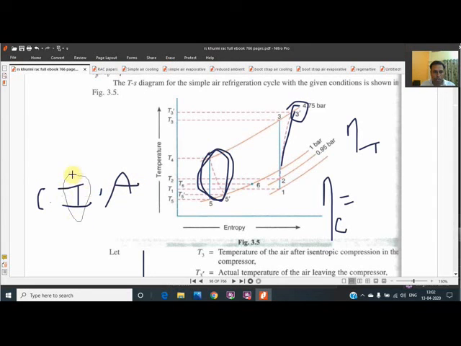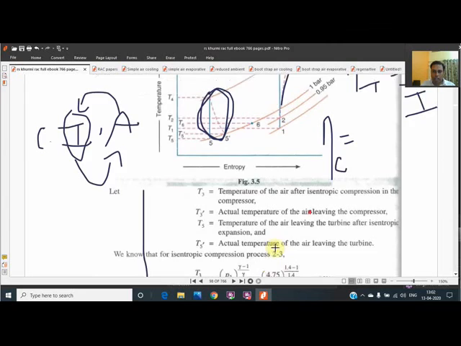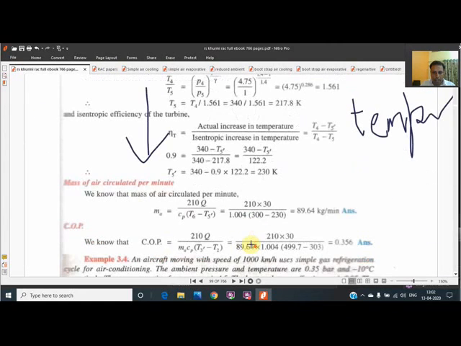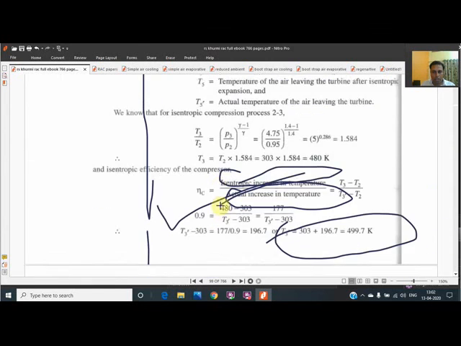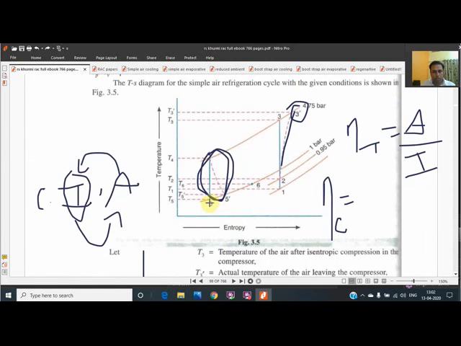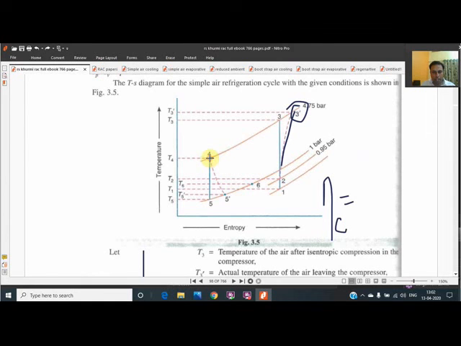isentropic won't sit in the numerator. In this turbine, what will sit? Actual will sit in the numerator, and isentropic will sit in the denominator. And what they have written wrong in the book itself is that for turbine they have used the term actual increase in temperature. In turbine there is no increase in temperature. You can already see in turbine there is a decrease in temperature.